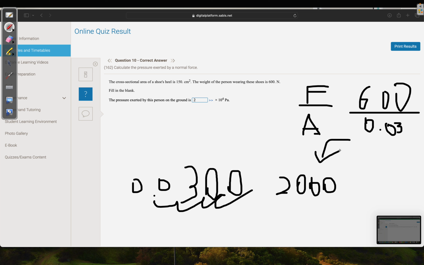Since they wanted it in scientific notation as times 10 to the power of 4, we just divide by 10 to the power of 4, 2, 3, 4, and we get that it's 2.